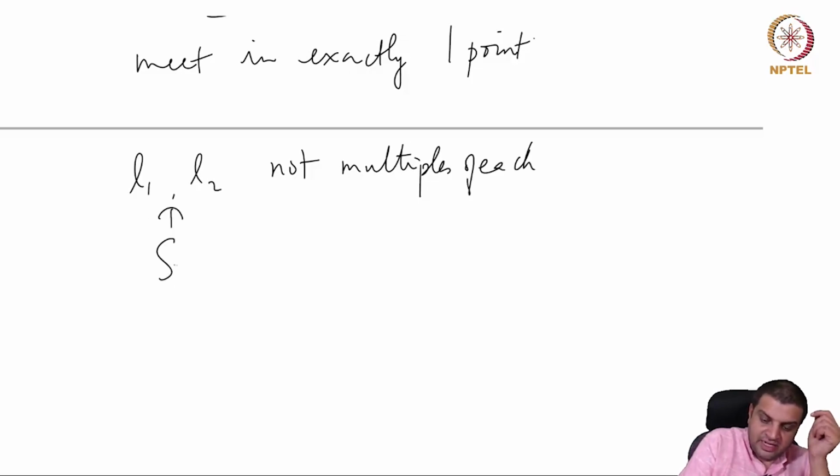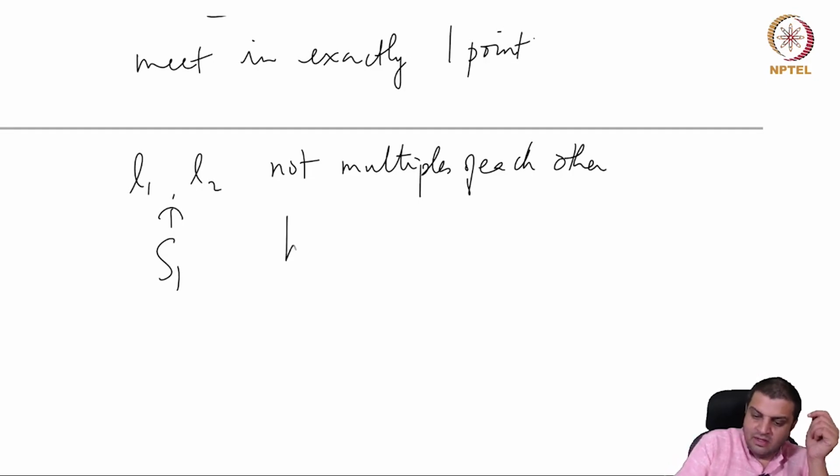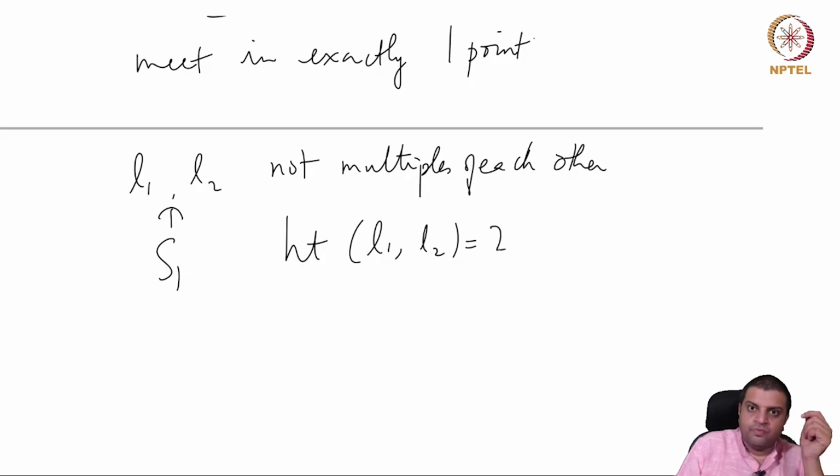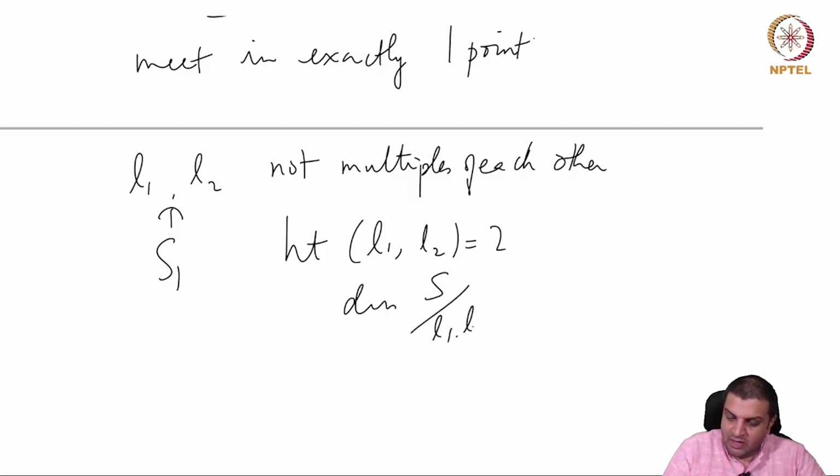Then the height of the ideal generated by L1, L2 is 2. So the dimension of S mod L1, L2 is 1. So it gives a point.